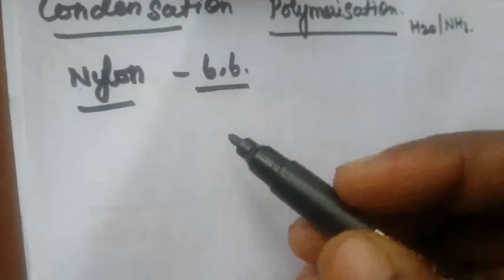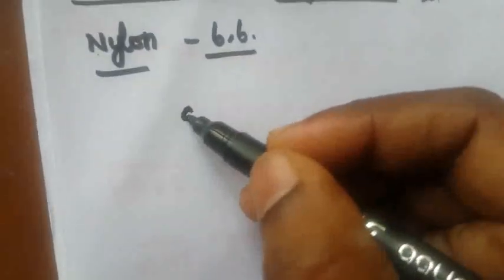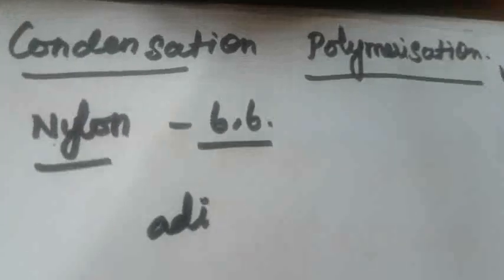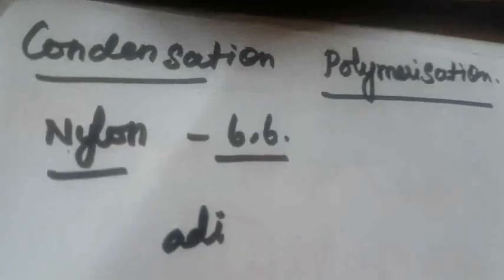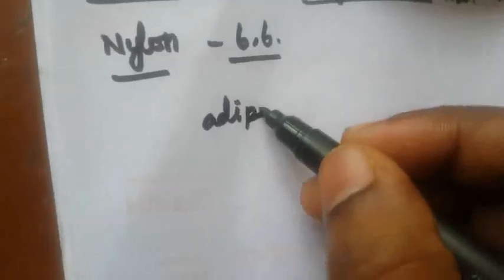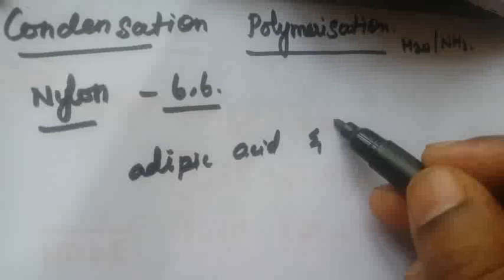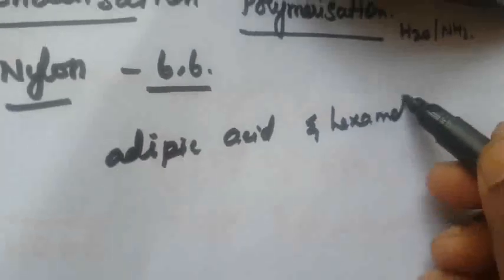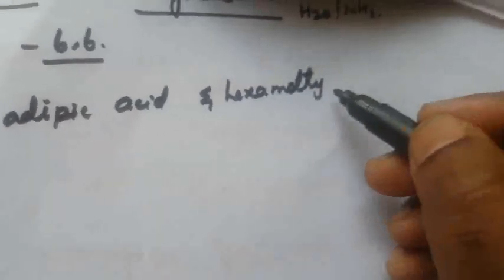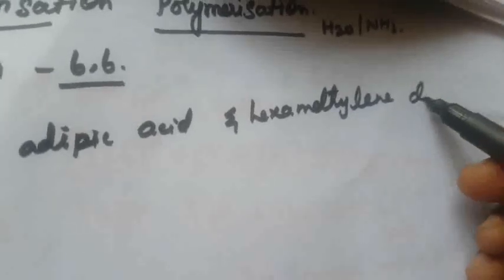First we are going to see what is meant by nylon 6,6. The compounds are adipic acid and hexamethylene diamine. The two compounds combine together to form the nylon salt.